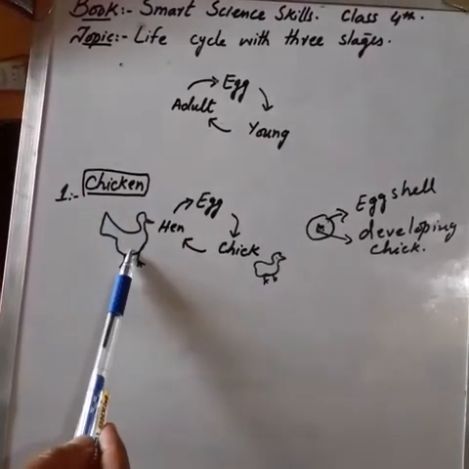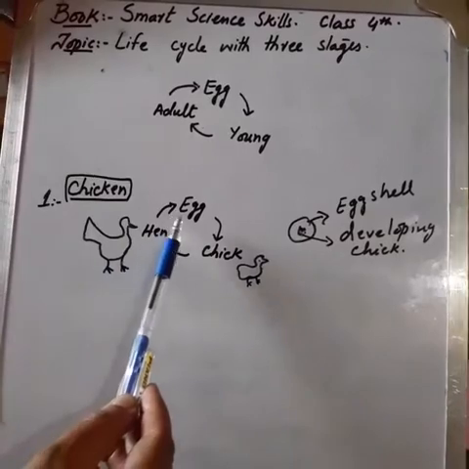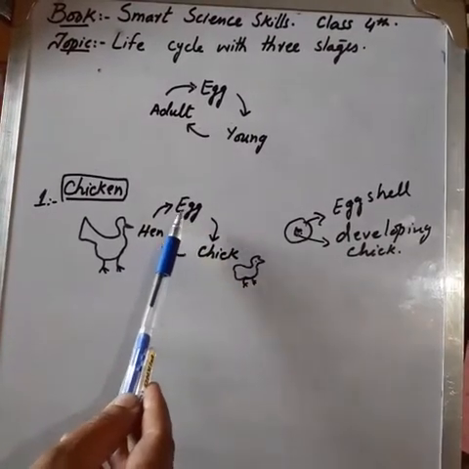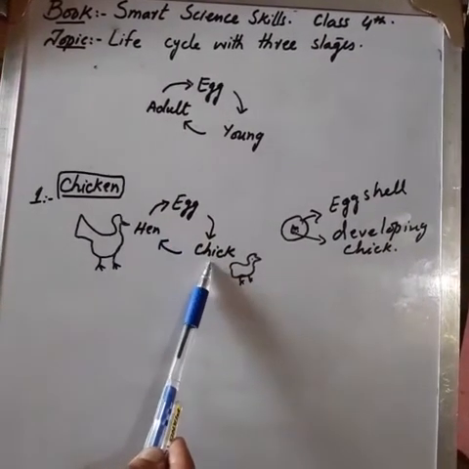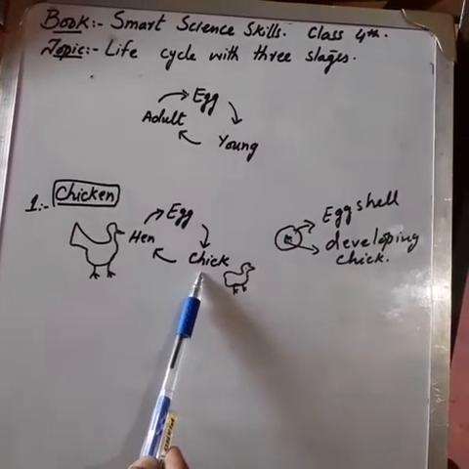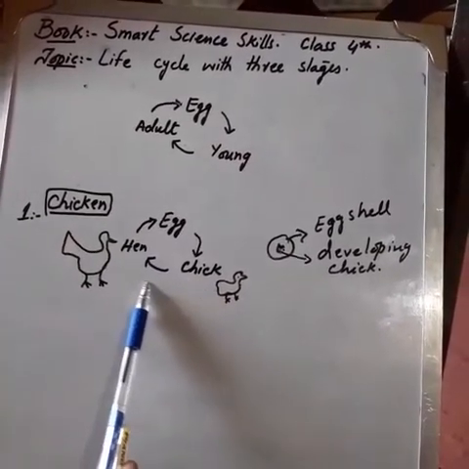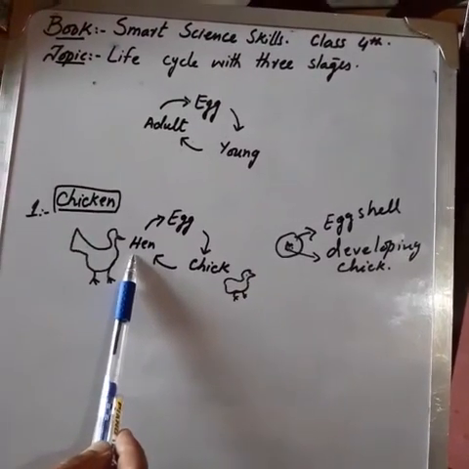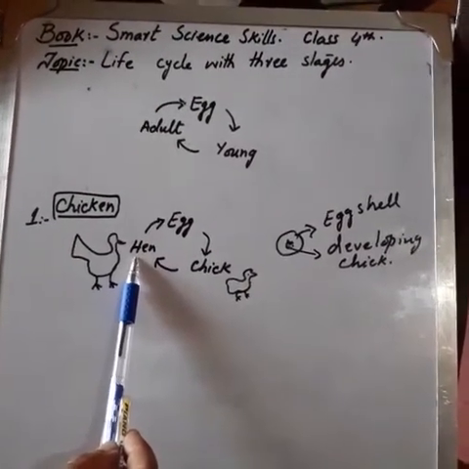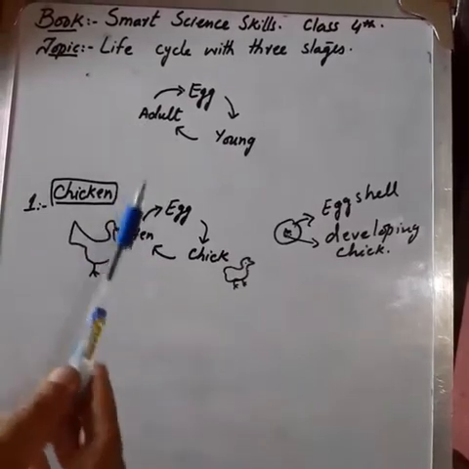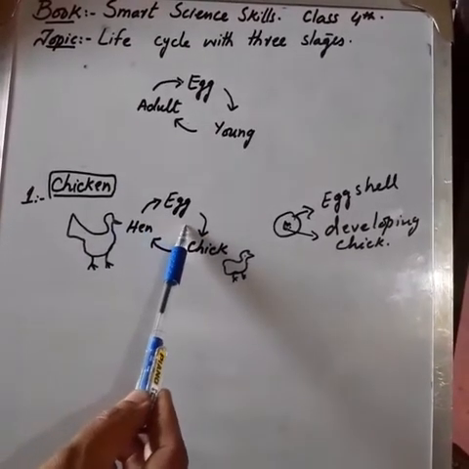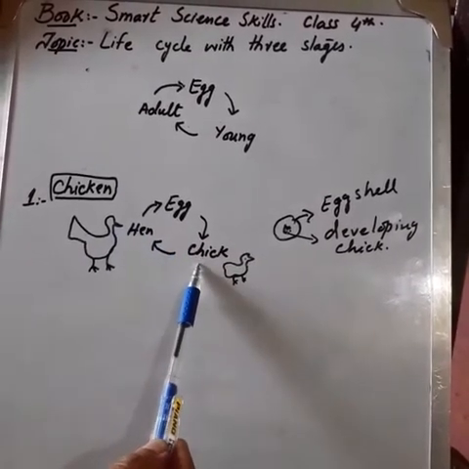A female chicken, hen, lays eggs, and inside the egg a chick develops, and chick comes out or hatches from the egg, and it again develops into an adult chicken. Let's study what happens inside the egg, how chicken is produced.